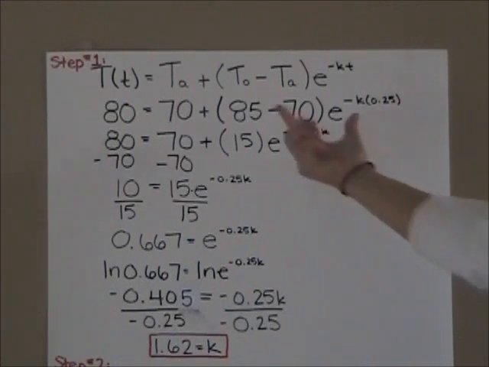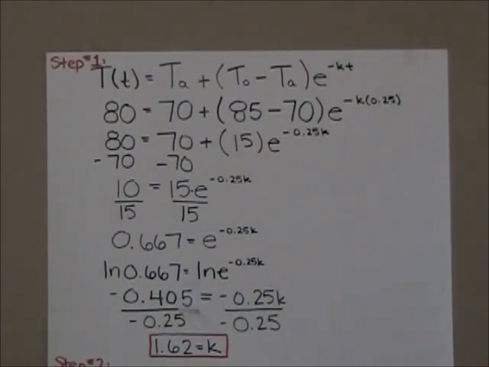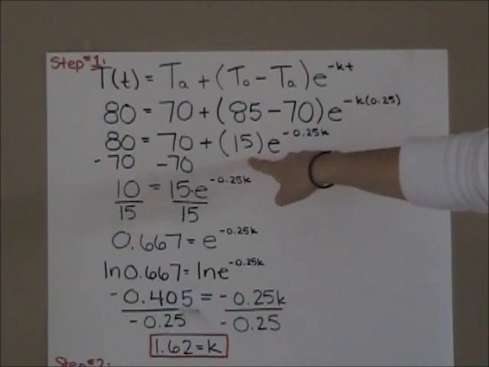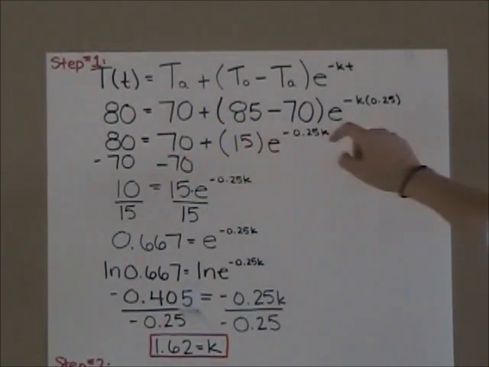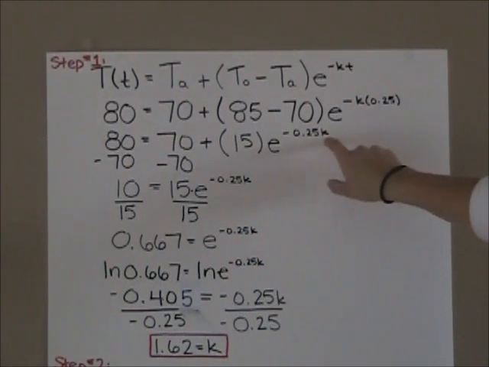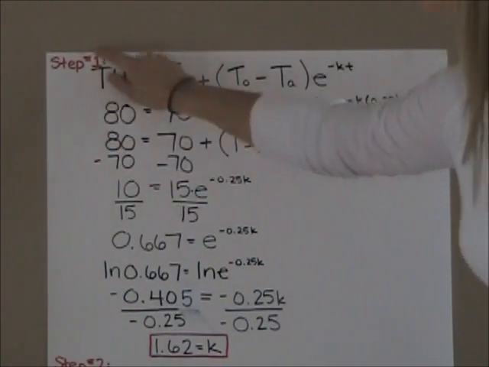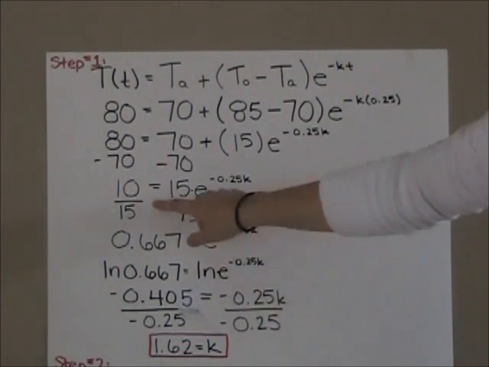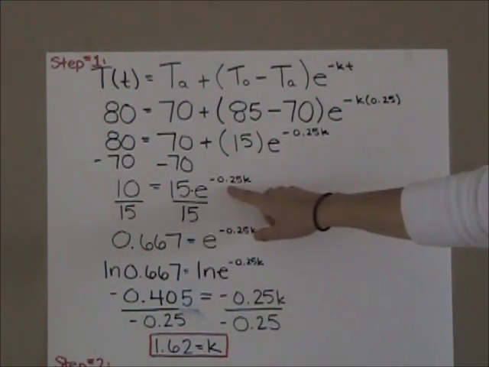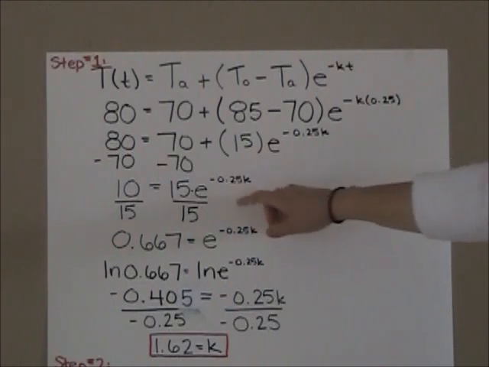So the first thing you have to do is put the things together in the parentheses, which is 15. Then you need to get rid of the 70 because you're trying to get k by itself. So subtract 70 from both sides and you get 10 equals 15e to the negative 0.25k.